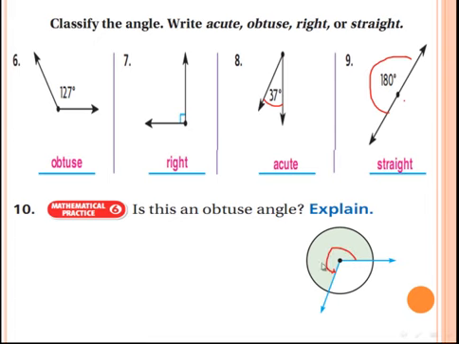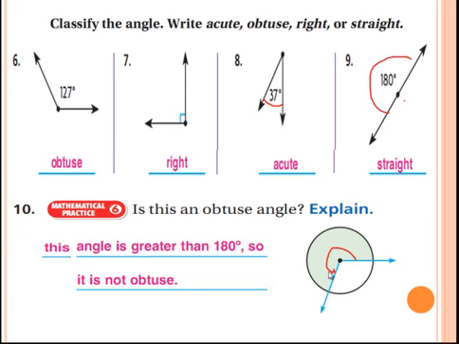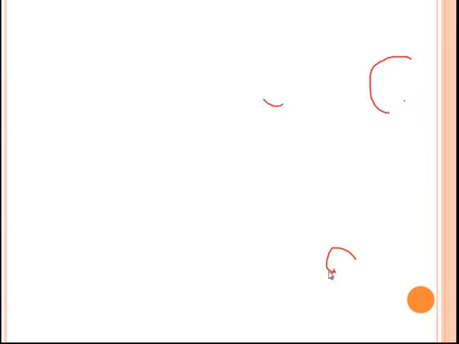From the beginning to the end, is this an obtuse angle? Of course not. Great job. Why? Explain. Because it's greater than the straight angle. It's greater than 180, so it's not obtuse.